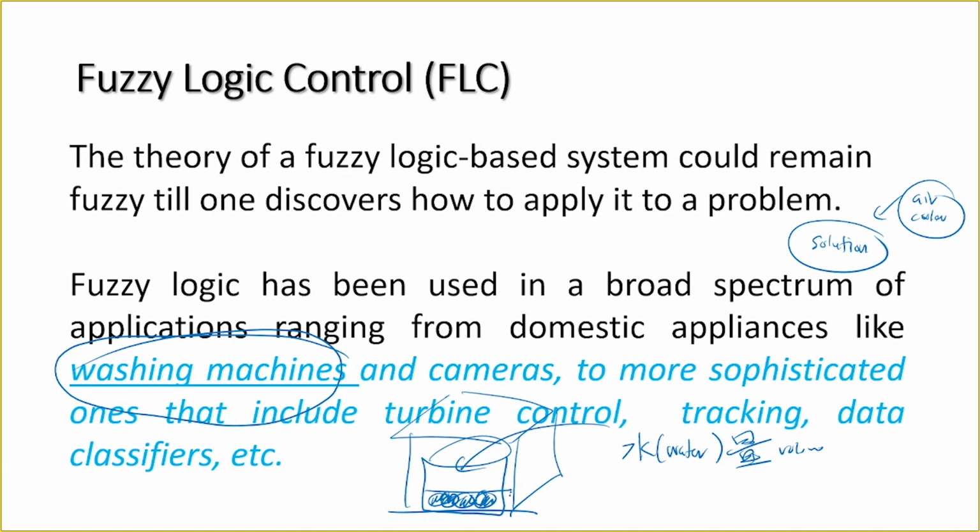So in that particular instance the sensor could measure the height, could be the weight, the weight before water and the weight after water has been filled in the drum. So according to the weight, the water is selected by that particular fuzzy control.